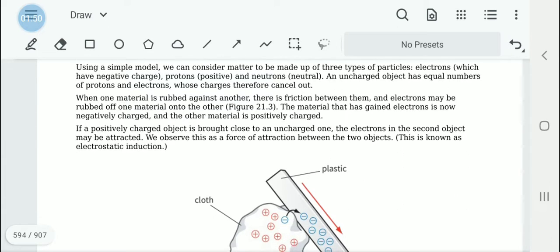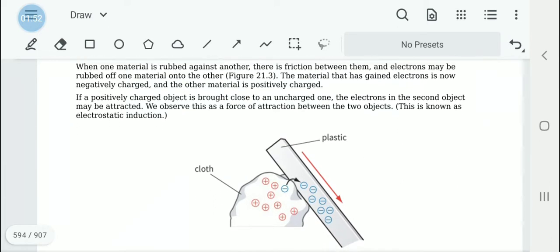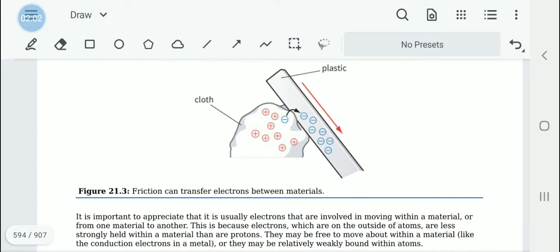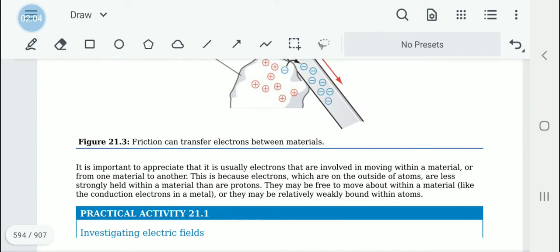The material that gains electrons would be negatively charged, whereas the one which loses electrons would be positively charged. This process is known as electrostatic induction.